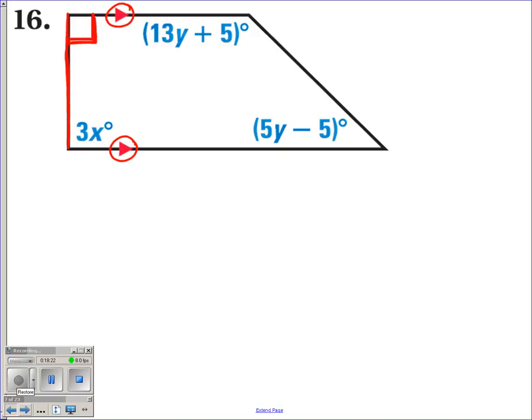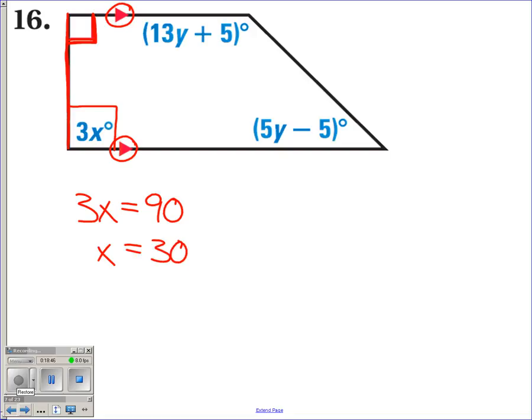Well, if that's a right angle, if you've got a segment that's perpendicular to one parallel line, it's got to be perpendicular to the other parallel line. So I'm just going to say that 3x is equal to 90. So dividing both sides by 3, x is equal to 30.